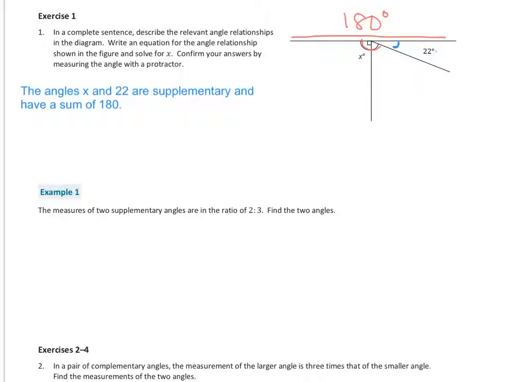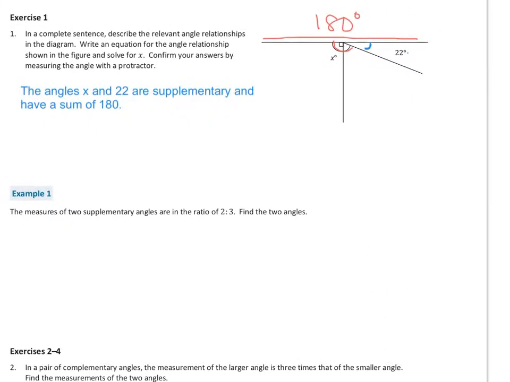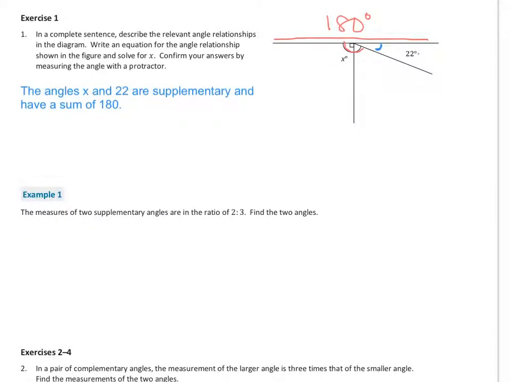Okay, now that we have that down, now we need to write an equation. Oops, sorry. So our equation is going to include x, 22, and the 180. So if I take x plus 22, what's it going to equal? Well, hopefully it equals the 180 degrees.